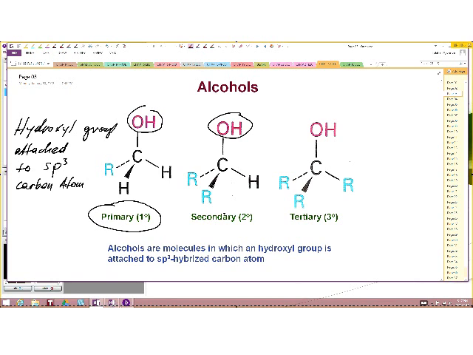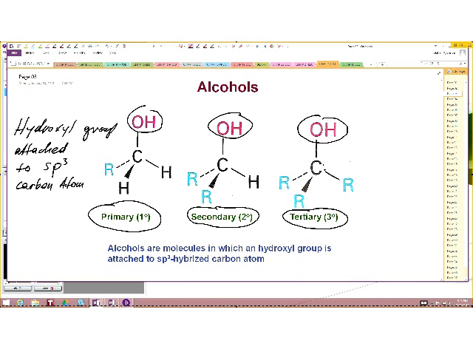And then we have the secondary alcohol. In this case, the hydroxy group is attached to a secondary carbon, right here. And finally, we have the tertiary alcohol, in which the hydroxy group is attached to a tertiary carbon, this right here.